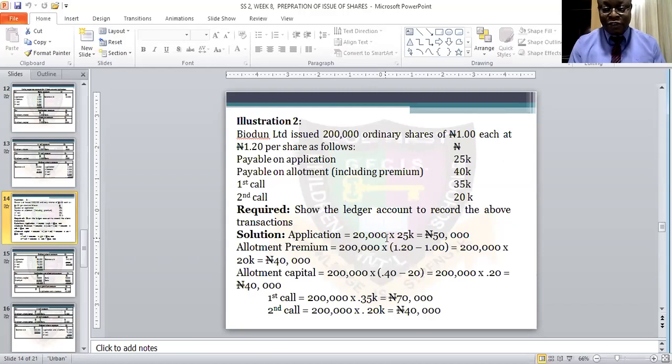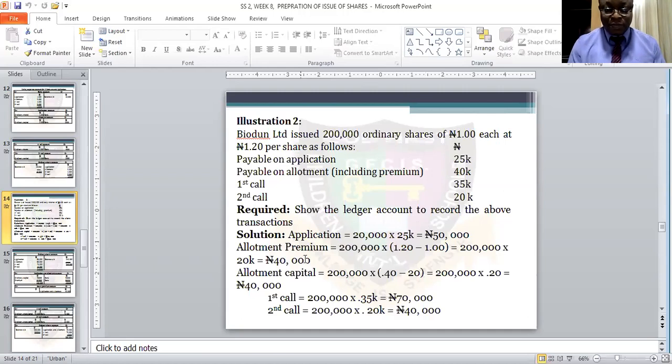You divide 25 kobo by 100 kobo. 25 divided by 100 will give you 0.25. Then multiply 0.25 by 200,000. That will give you 50,000 naira.